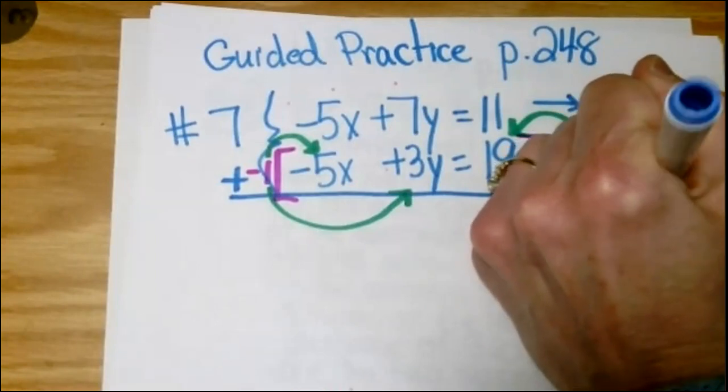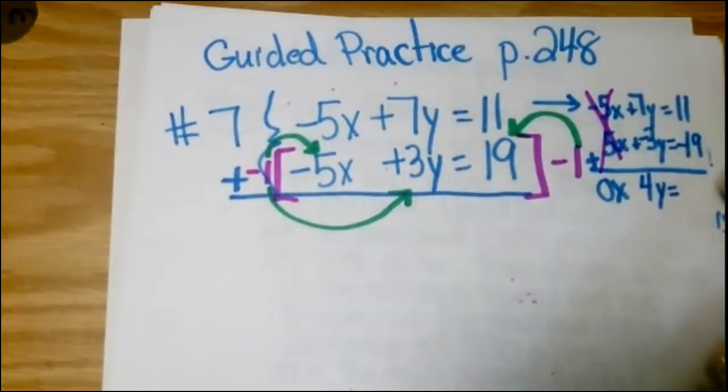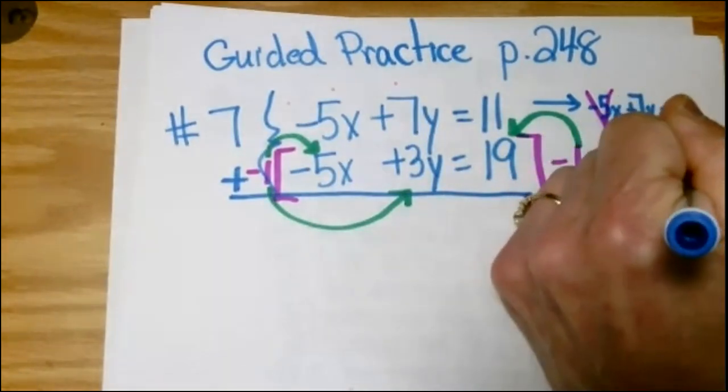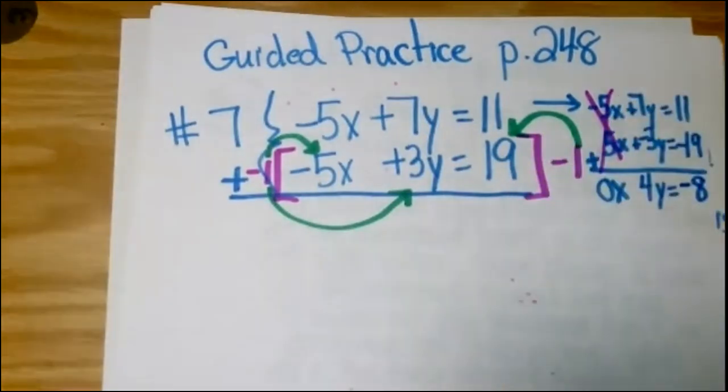Positive 4y is equal to 11 plus a -19. So I owe $19, but I pay 11 of that debt. How much more do I still owe? Exactly, -8, right? Now, what am I going to do?